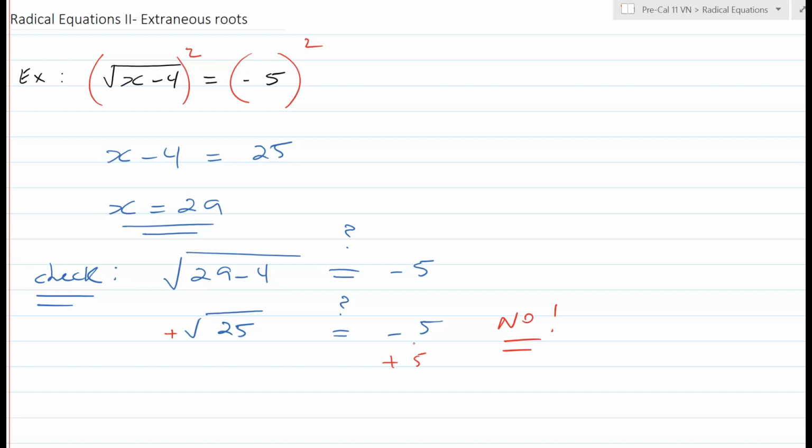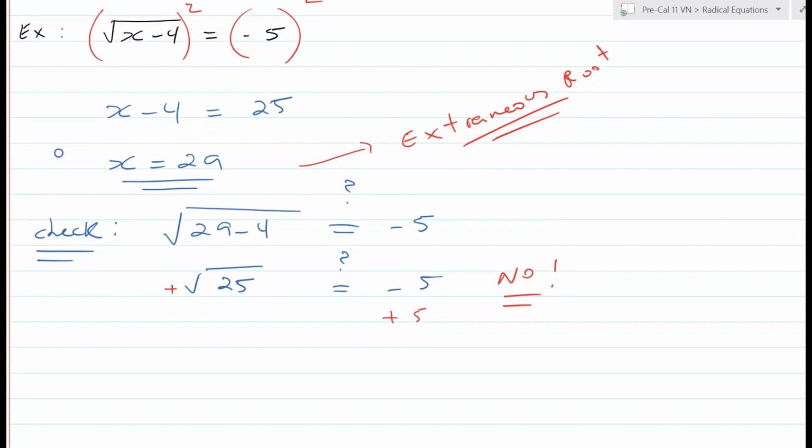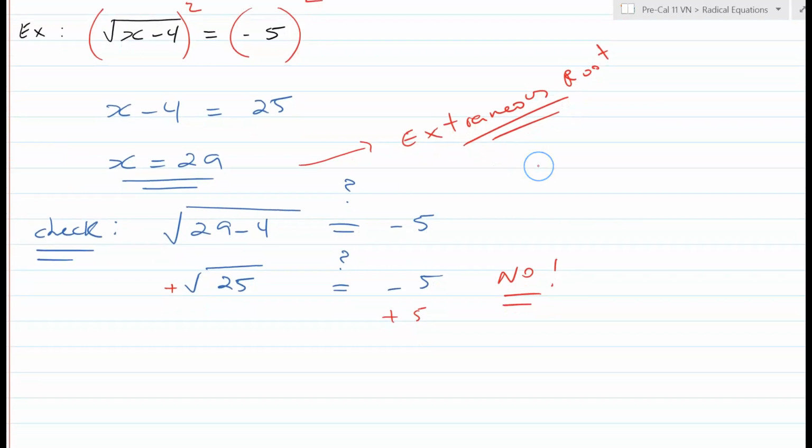Okay, so we call this an extraneous root. That means it just doesn't work. Another way of writing it is that this equation has no solution.